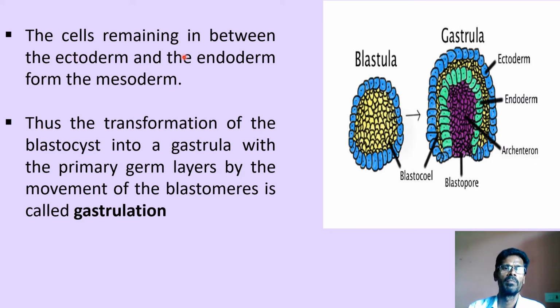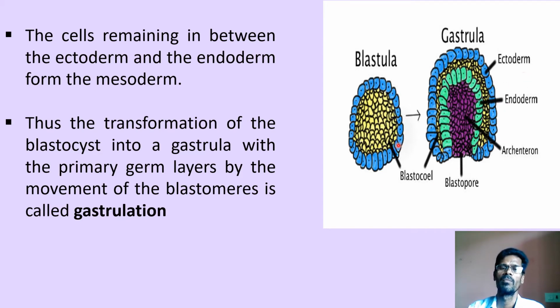So the cells remaining in between the ectoderm and the endoderm form the mesoderm. Thereby another layer occurring in between ectoderm and endoderm forms the mesoderm. Thus the conversion of this single layer blastula into a triple layer gastrula is a process called gastrulation. So the triple layer gastrula is nothing but externally the ectoderm and internally the endoderm, and in between them is the mesoderm.